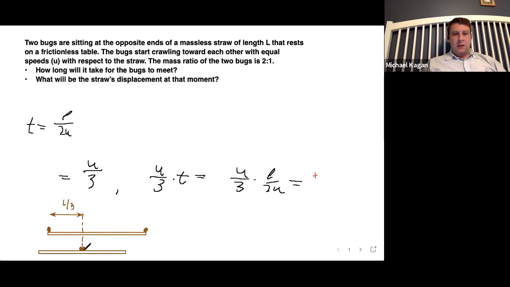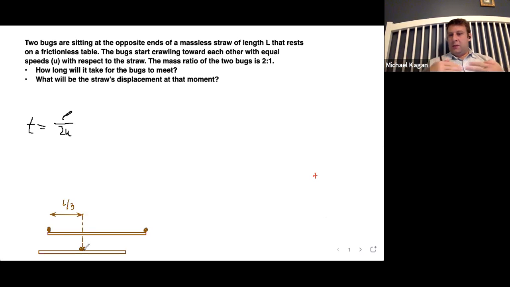But we know they meet in the middle because with respect to the straw, they just meet in the middle, right? They move at the same speed. There is no reason they shouldn't meet in the middle. So this is L over 2. And that means this is the difference, which is L over 6. Does that make sense? Yeah.